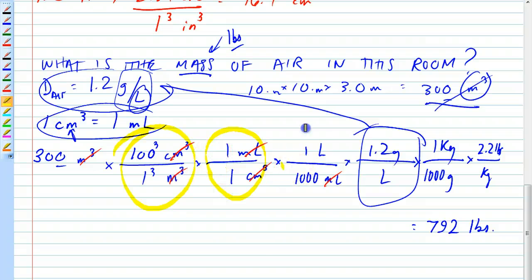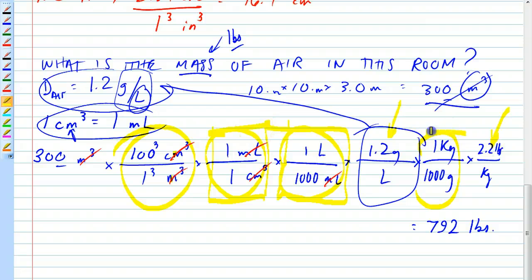This, this, this. You would be given the density and you'd be given this conversion to English units. And this is just centimeters to meters, so you know how many centimeters in a meter. This is a definition that you should know. 1 milliliter is 1 cubic centimeter. And then 1,000 milliliters per liter, 1,000 grams per kilogram.